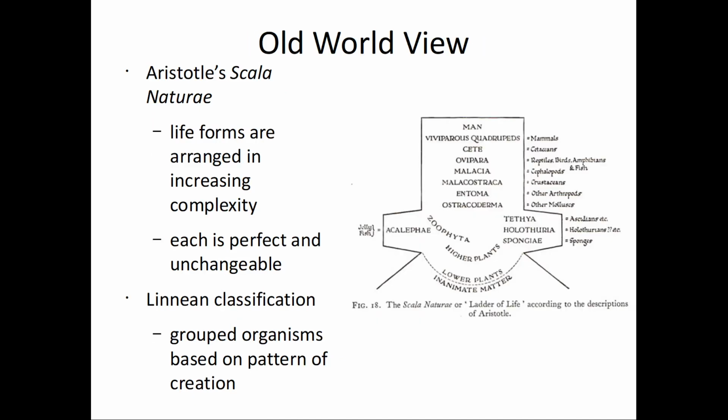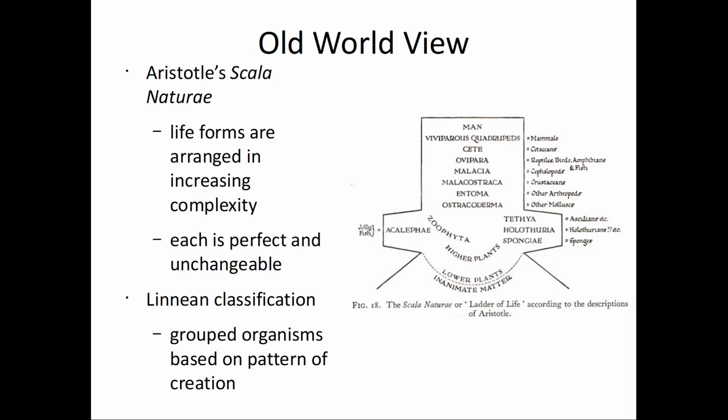All right, so we have to go back and look at the world before the concept of evolution arose. You had Aristotle's view of the world: life forms are arranged in increasing complexity, each is perfect and unchangeable. And then you had the Linnaean classification, how Linnaeus originally classified species.